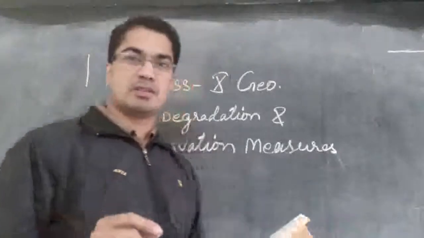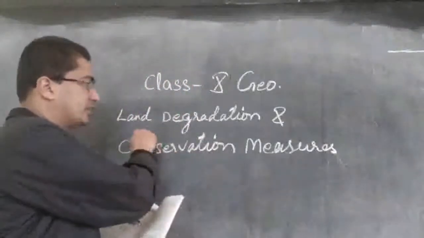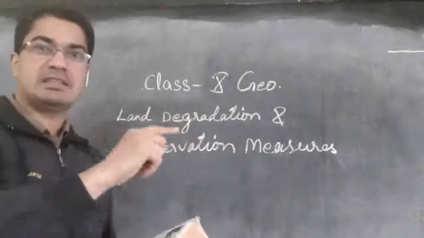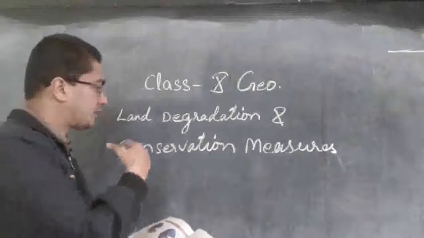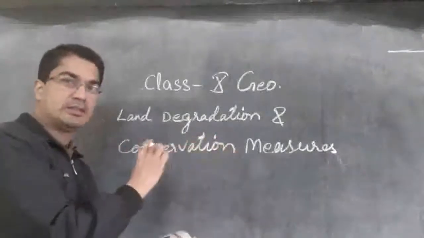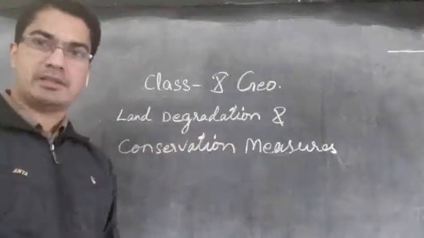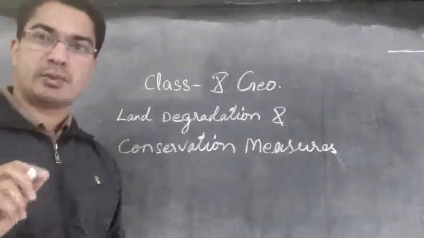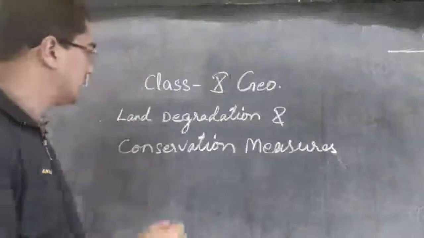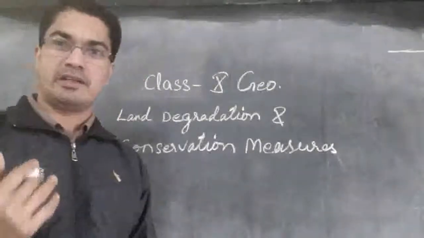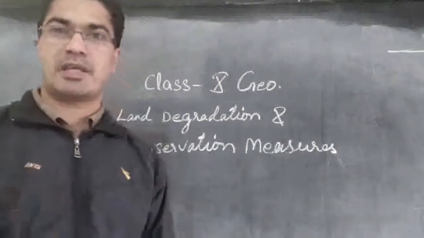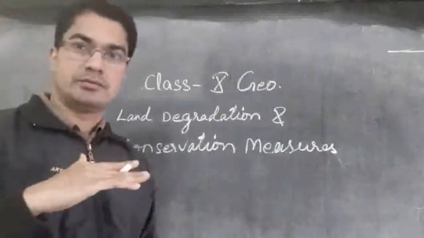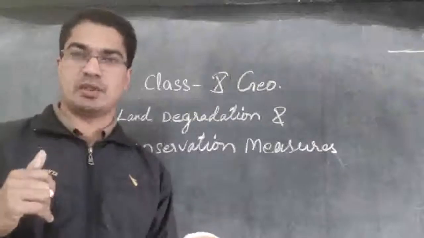So that brings us to this point, to make us realize how the land is degraded and what measures we can take in order to conserve, protect and preserve this land. So in today's class, let us talk about how the land is being degraded and what measures we can take in order to preserve the land for the future generations as well.